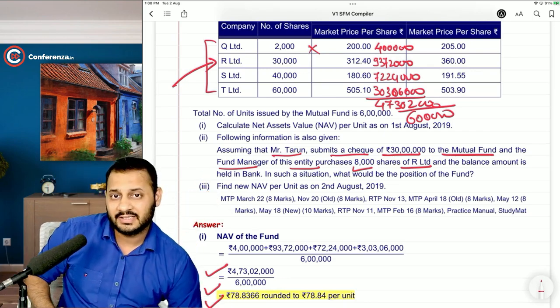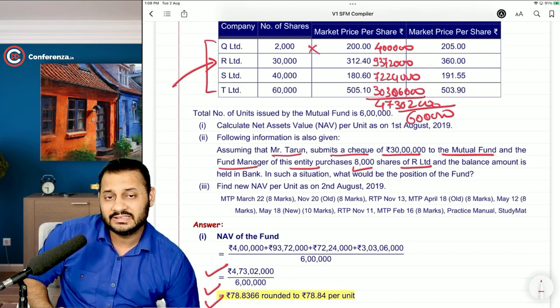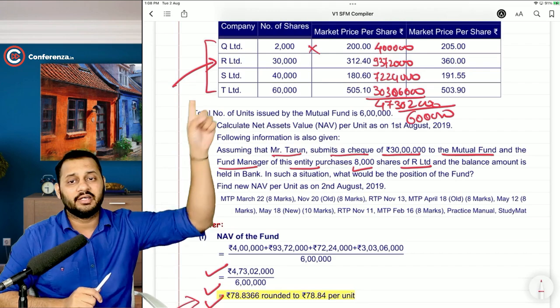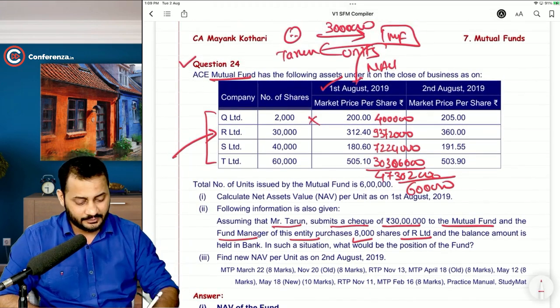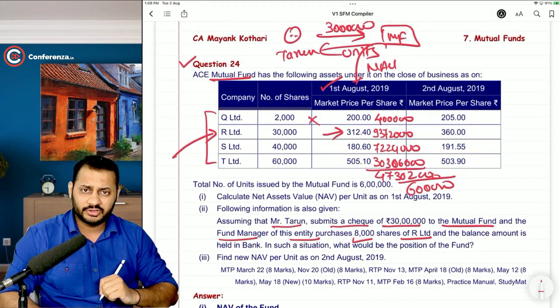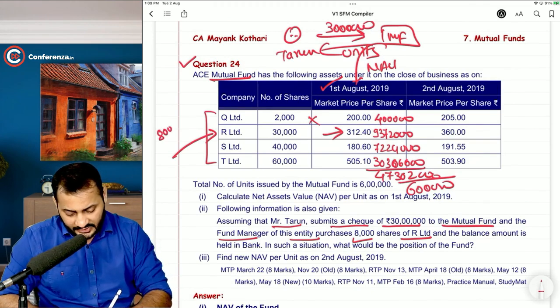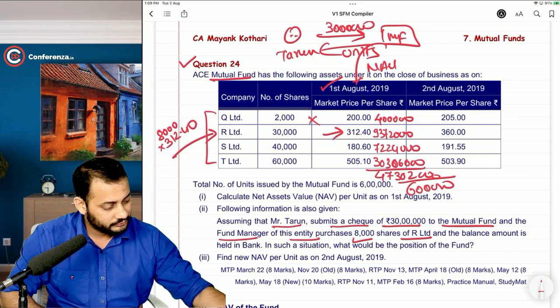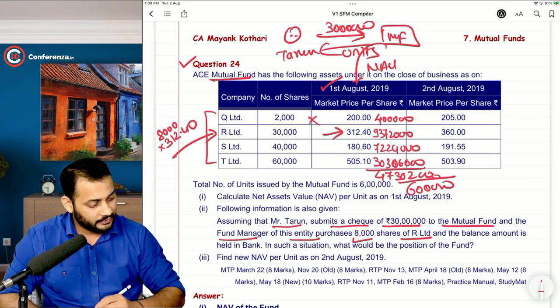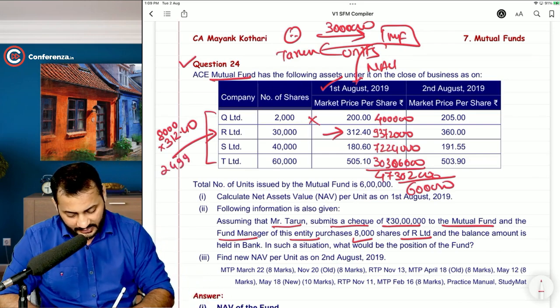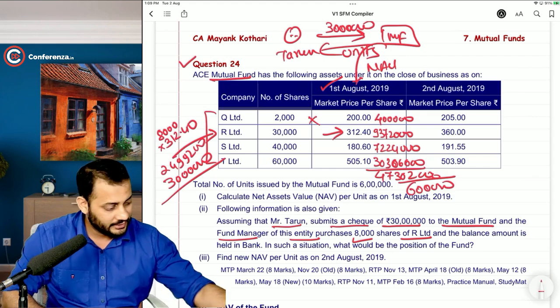Okay. Now, what the fund manager has done with that 30 lakh rupees is he purchased 8,000 shares of R Limited on the very first day at the price of 312.40. So if you do the calculation, 8,000 into 312.40, it comes to 24,99,200, and the amount that Mr. Tarun paid was 30 lakhs.